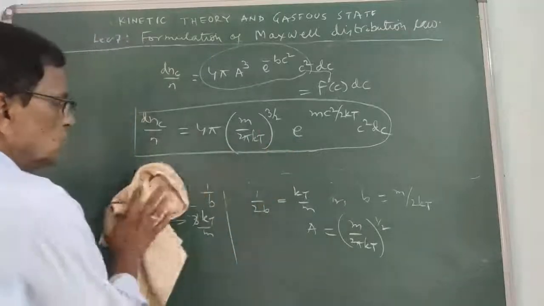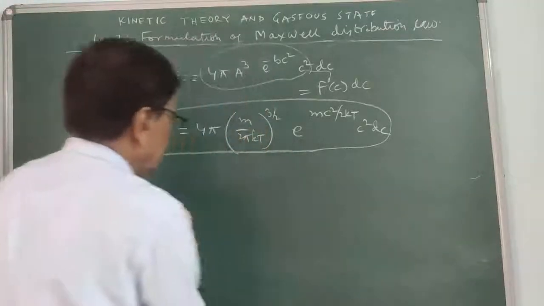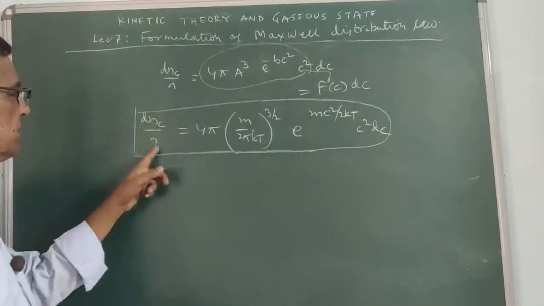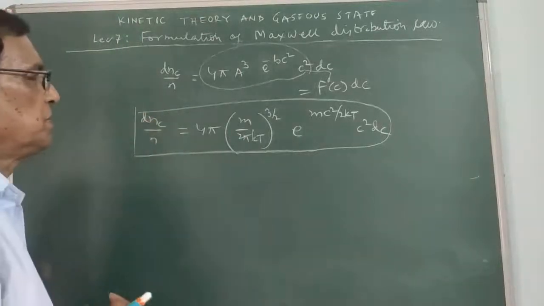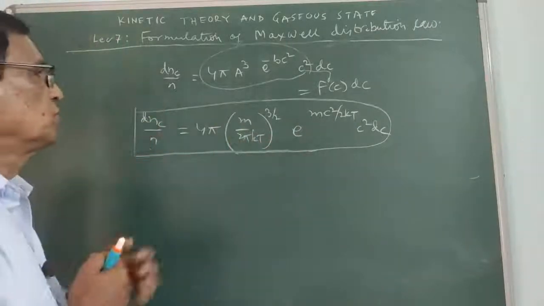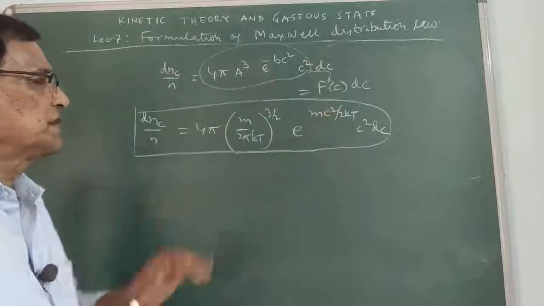We can also write it in another way. Again I tell you, this is the fraction of the molecules having the speed c to c plus dc, or the probability of a molecule to have the speed c to c plus dc.